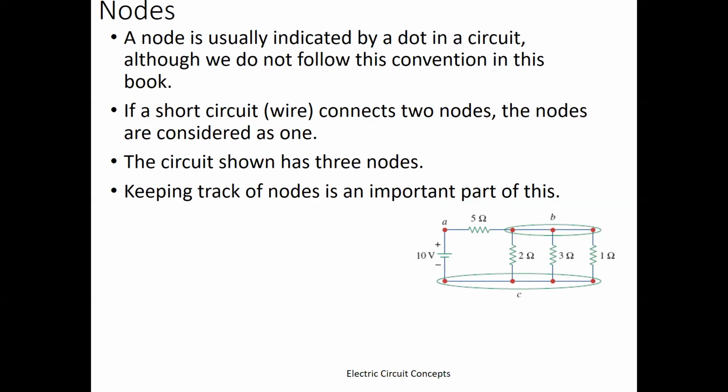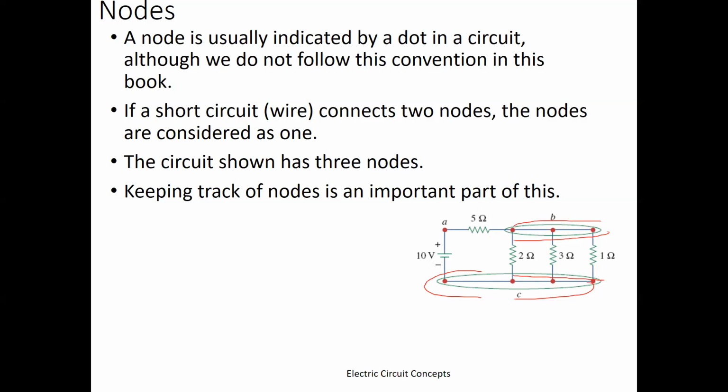They represent only one node. The same thing for the bottom one here. So the top three dots are not necessarily three nodes. This is only one node.